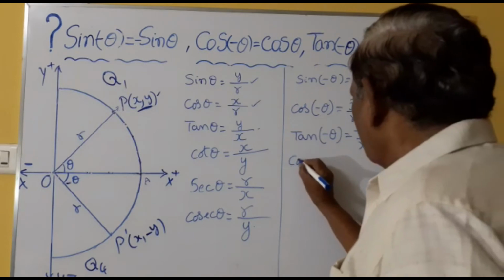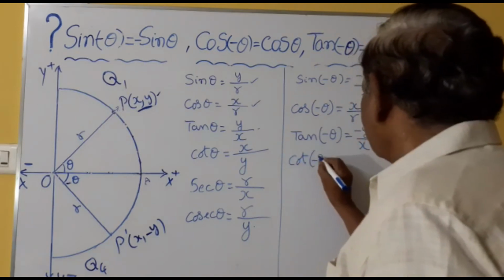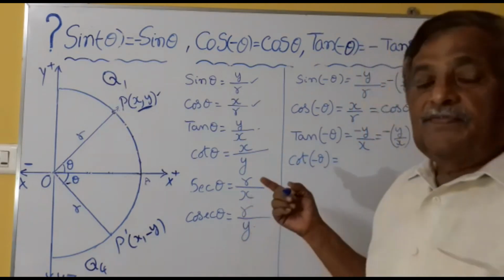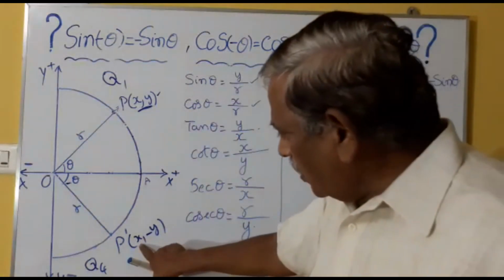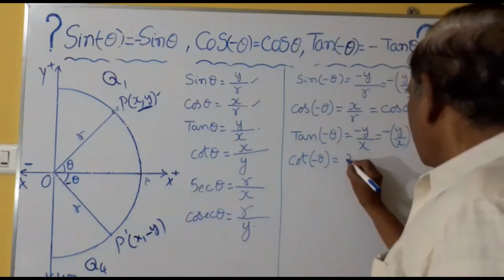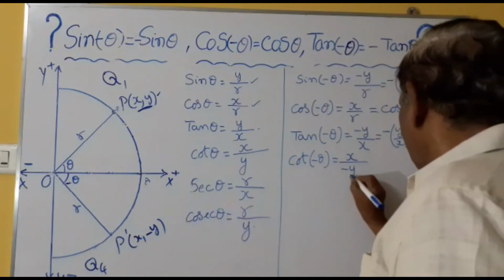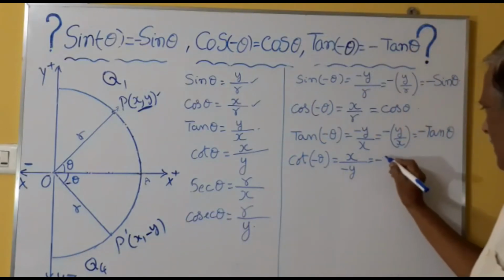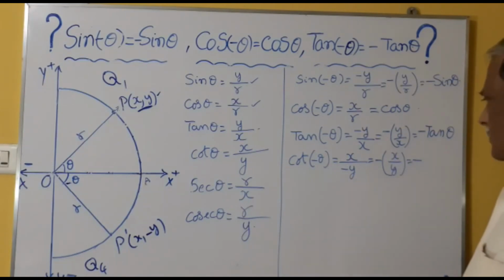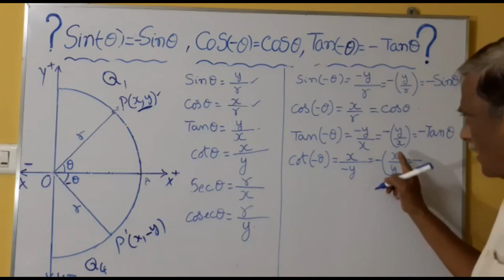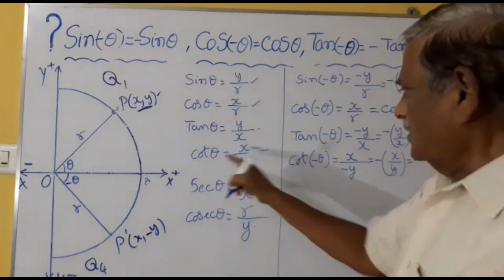Next, cot minus theta equal to, what is the definition of cot? X coordinate by y coordinate. X by minus y. This equal to minus of x by y. But x by y is cot theta.